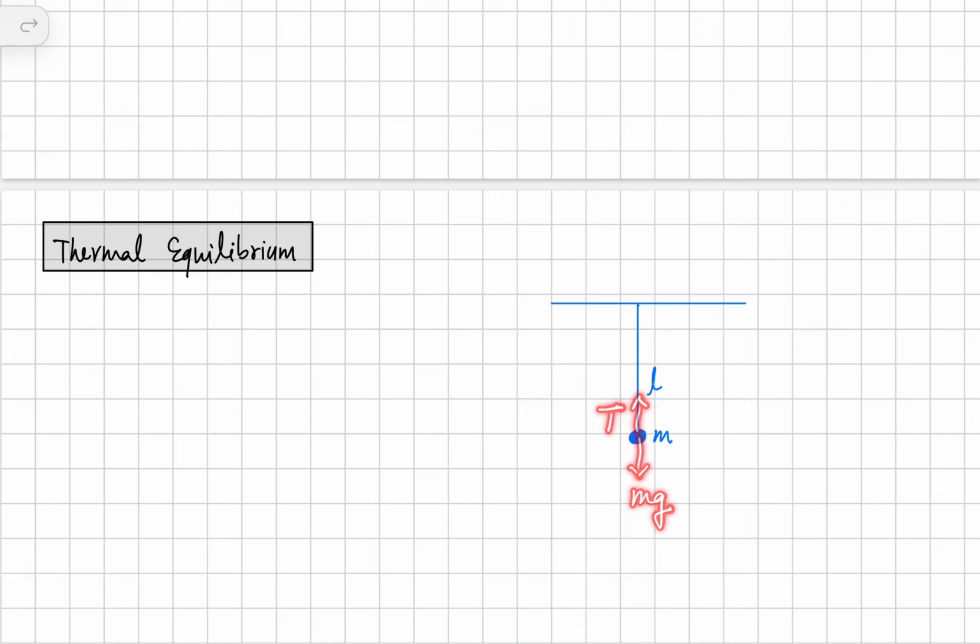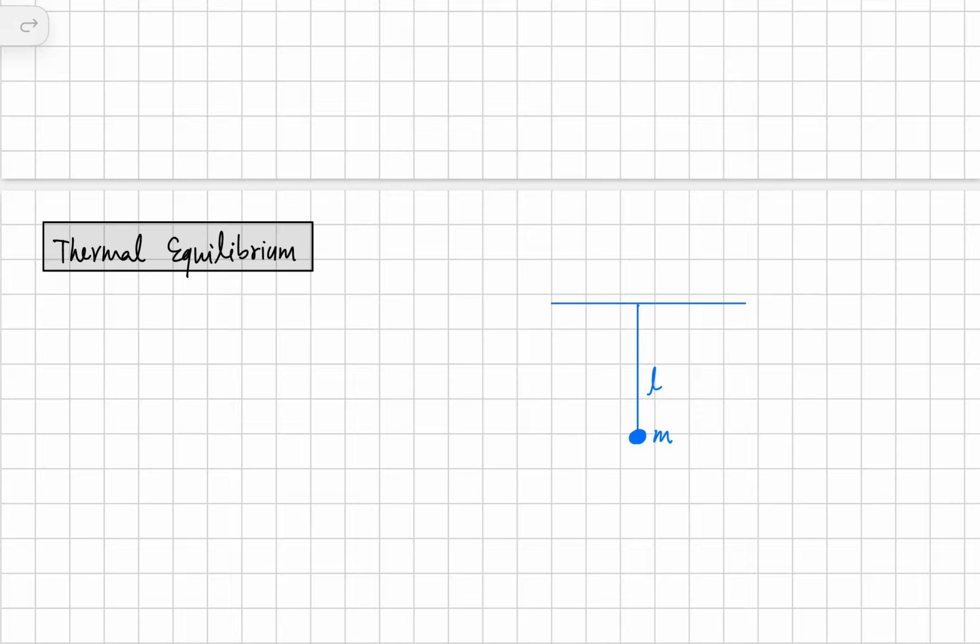So what is the condition for equilibrium here? The condition is that the forces acting on the bob have to be equal and opposite, right? That is the condition.